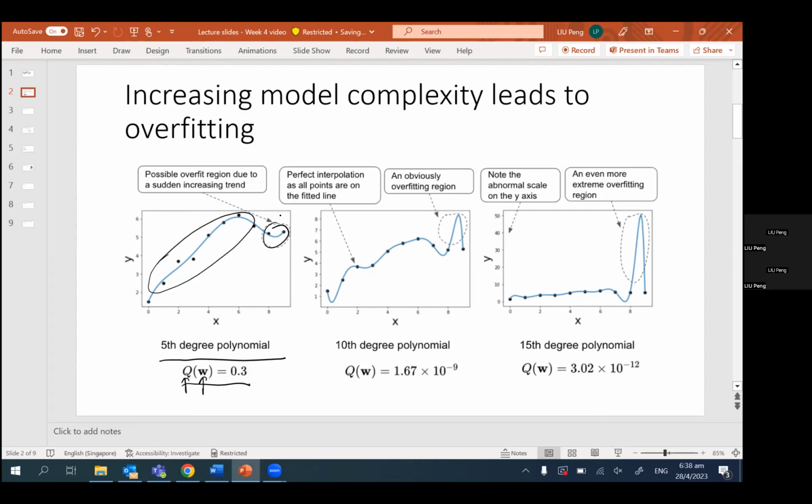Now we continue to increase to the 10th degree polynomial. You see the cost drops to very small, and the points here are almost being interpolated. Interpolation means that the curve can perfectly pass through the points.